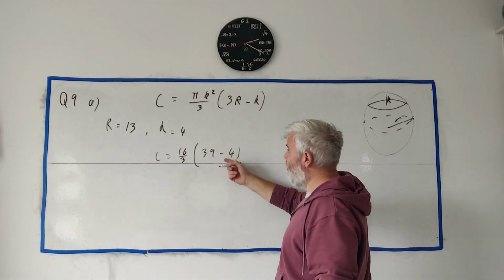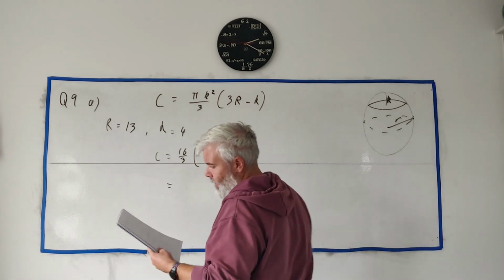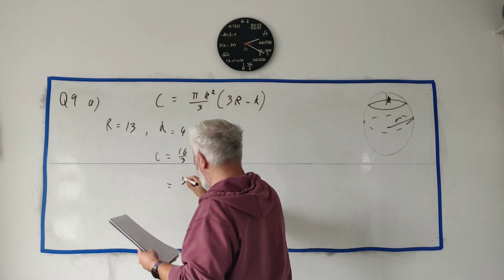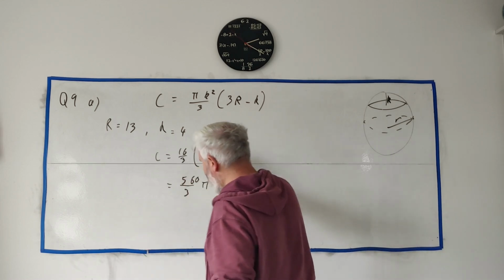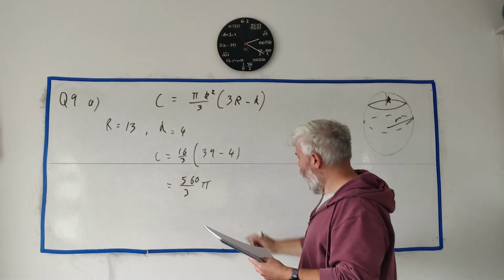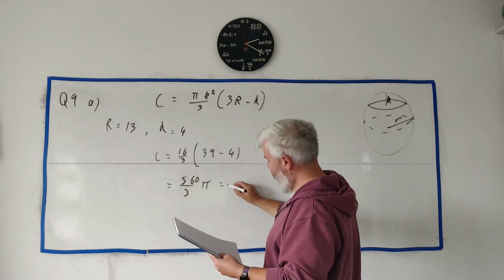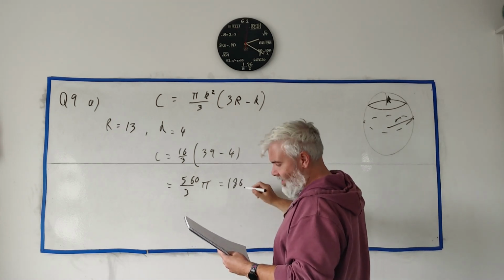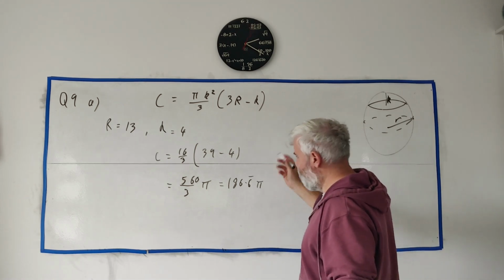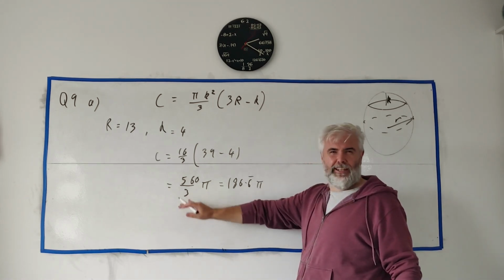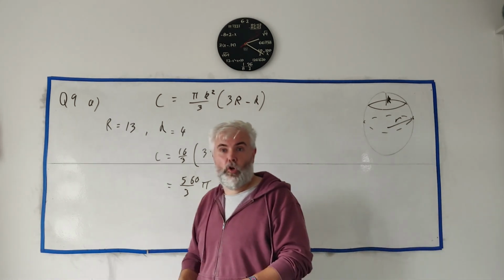That would be 35. 35 times 16 is 560 divided by 3, times pi. Leave your answer as that. Or it could be 186.66 repeating pi's. Either one's fine, but I'd leave it as a fraction, as a matter of course.